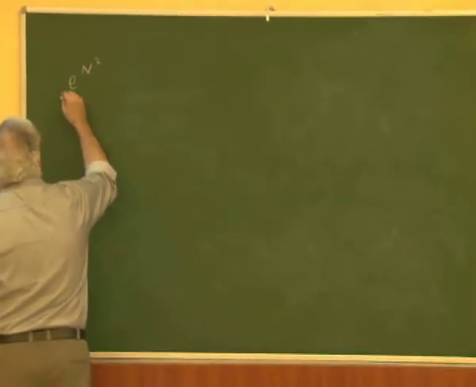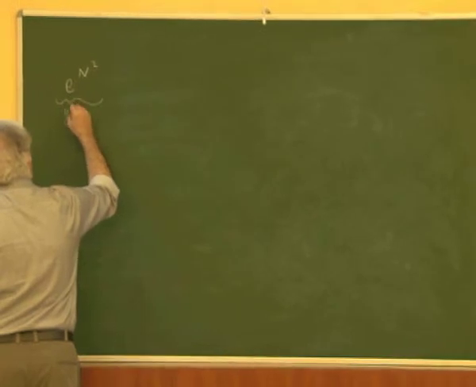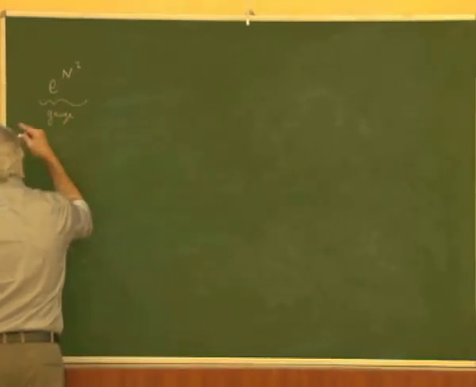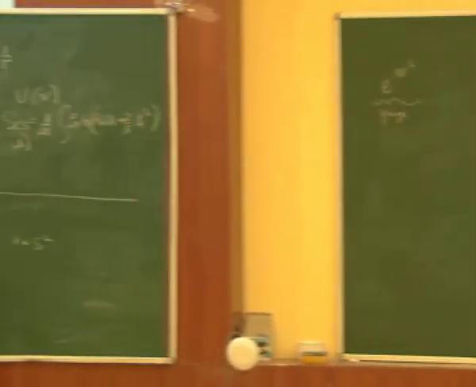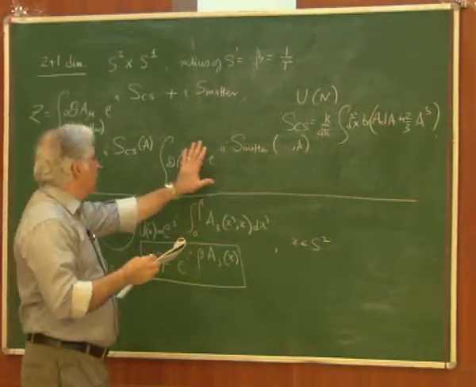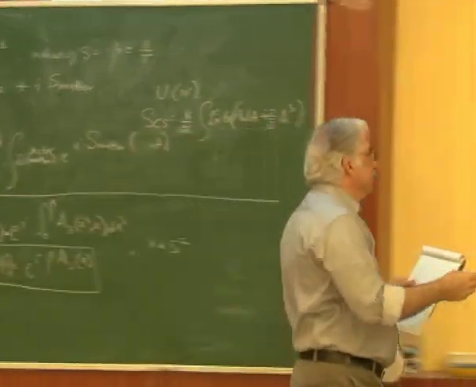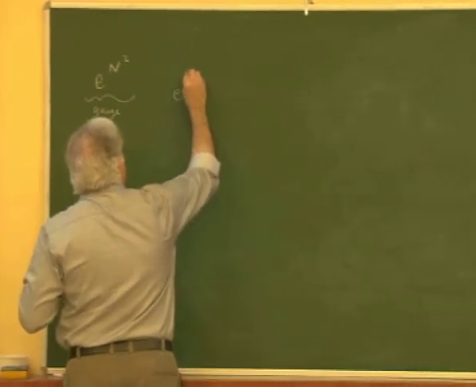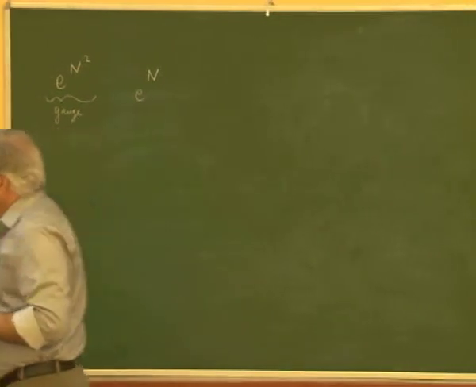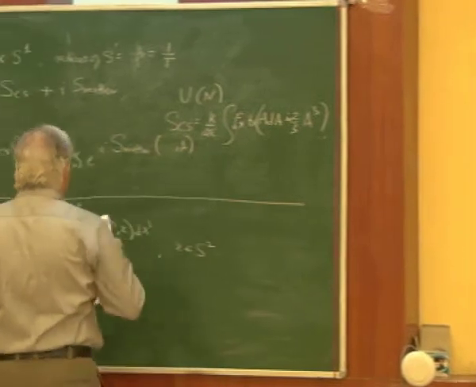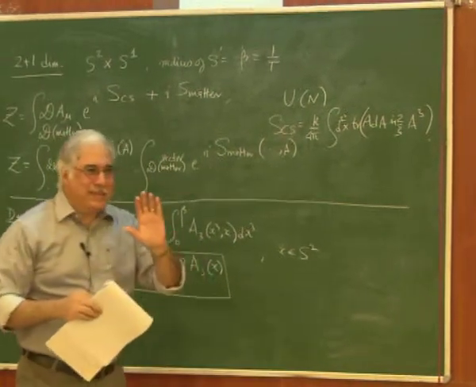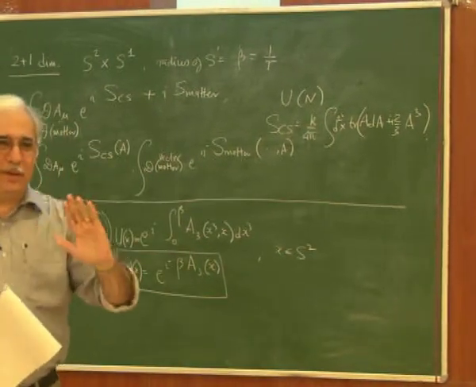This is from the gauge field. This is very heuristic. I will revert to something more concrete later on. And this one will go something like exponential of n. But we know more about this path integral because, as I said, I am going to restrict to conformally invariant theory.